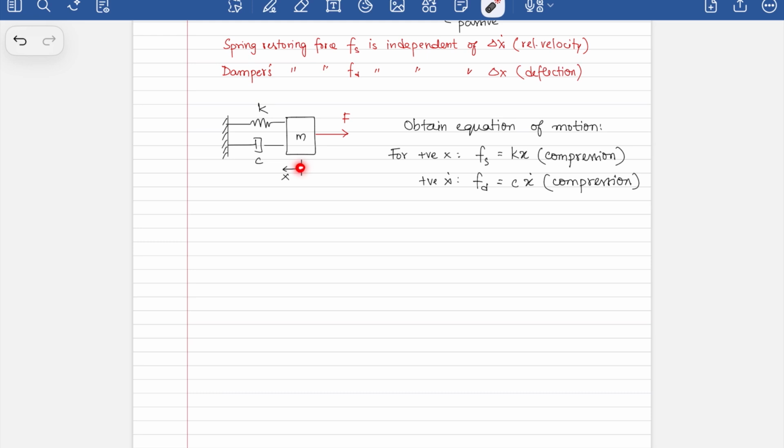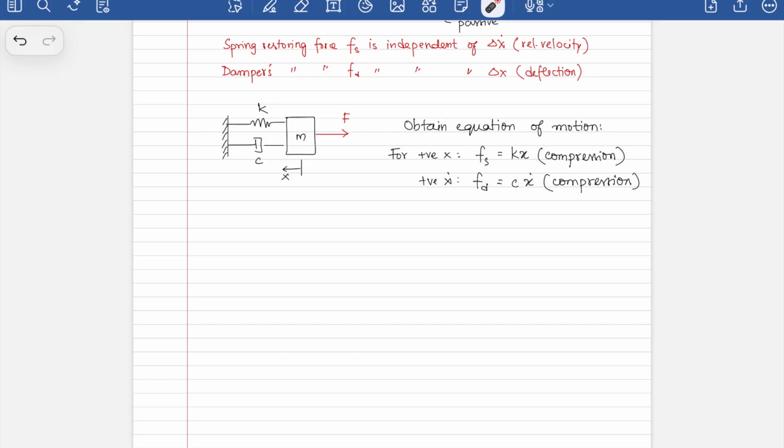You can have x being positive in this way, and x dot will be positive in this way, but it can happen that your x dot is actually negative at some instance. So you can have a positive x, and at that instance, your x dot would be measured as negative.